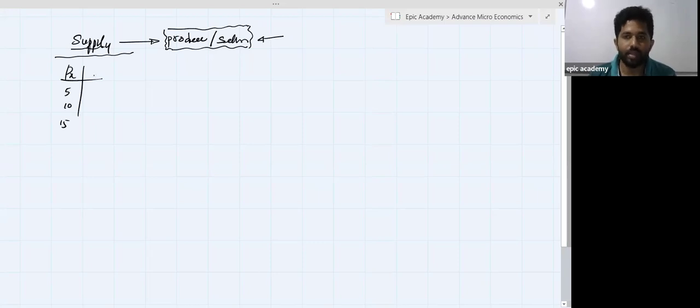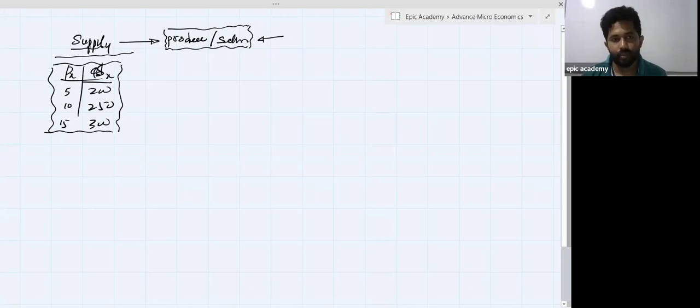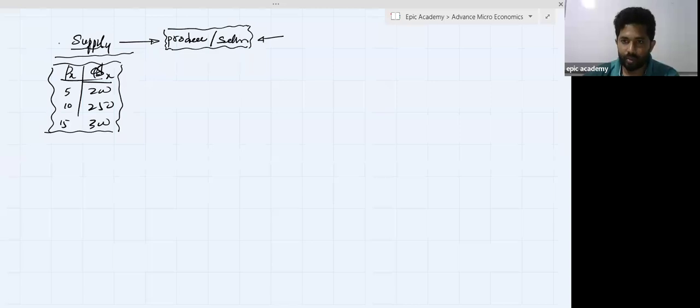According to the various prices, the quantity of supply also can change. So supply means the various supply amounts related to the various prices of this particular commodity in the market, with other things remaining constant. So this is the meaning of supply.